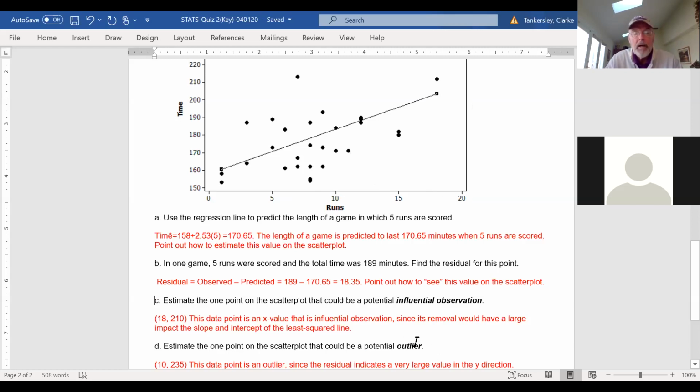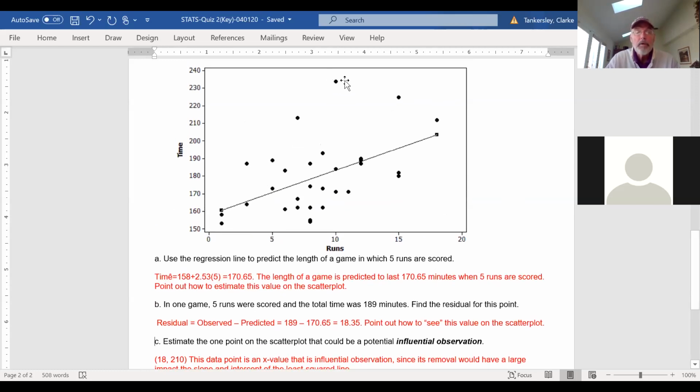Likewise, we're talking about outliers, and outliers are a little bit different as defined by the book. We're going to be using the point 10 as the x value, 235 as the y value.